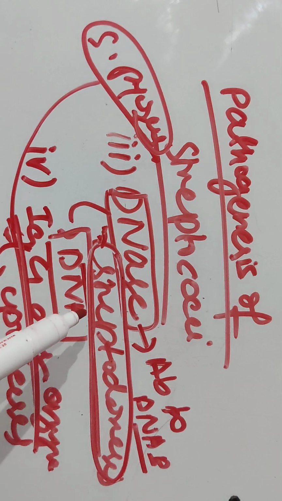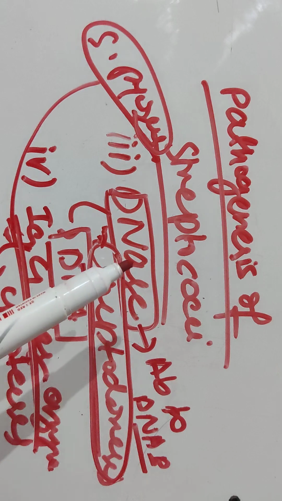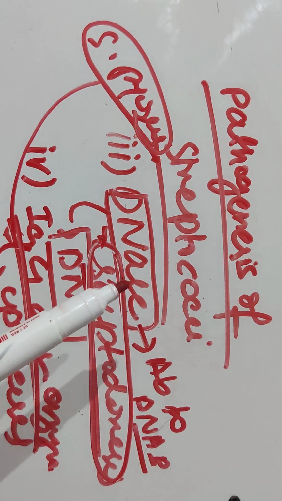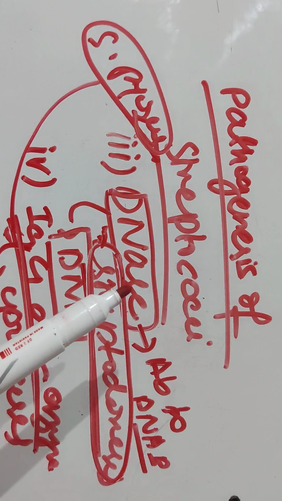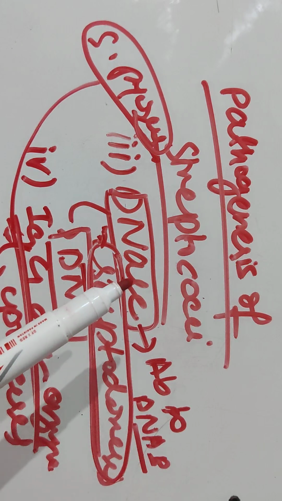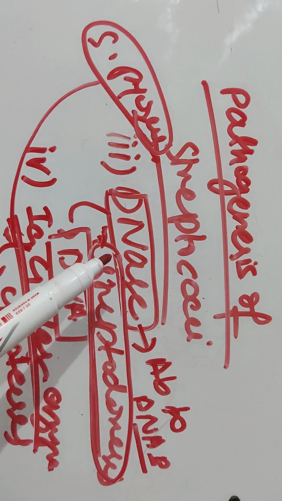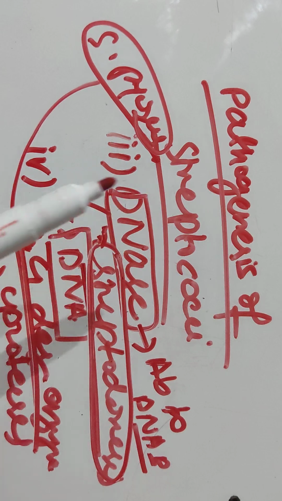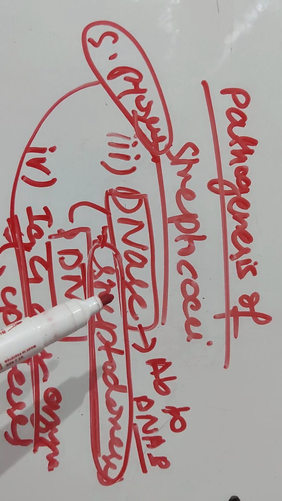So in pathogenesis of streptococci we will discuss group A streptococci, mechanism of disease causing and enzymes that help in pathogenesis. In addition, group A streptococci produce 5 important toxins and hemolysins.